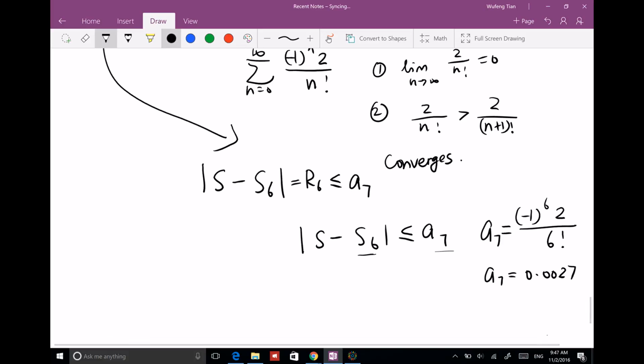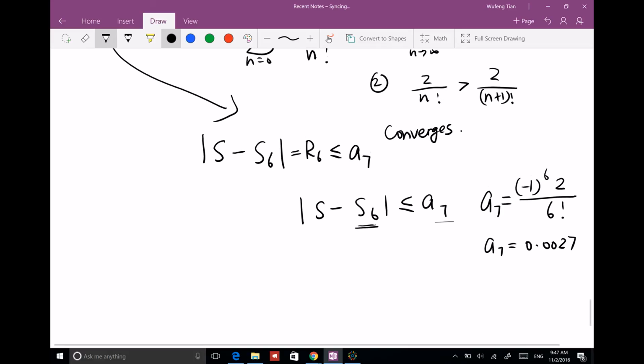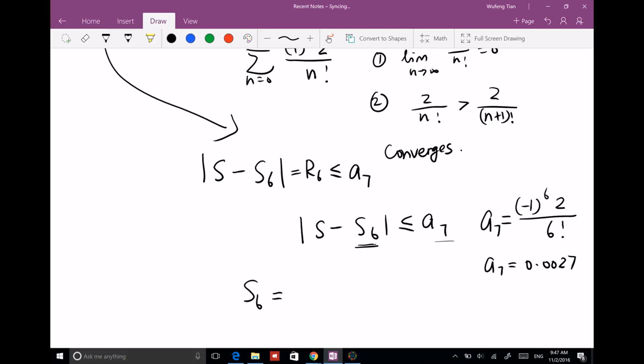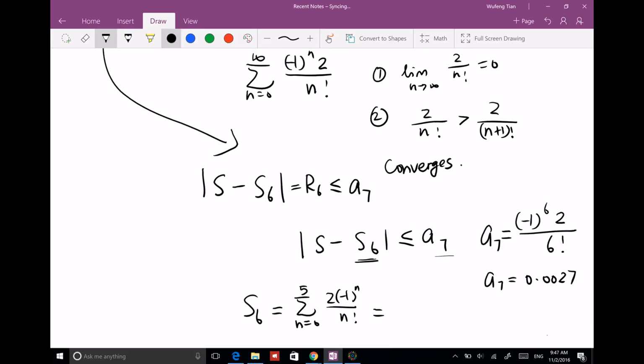Can I find S6? Yes, I can. S6 equals, you just add all the first 6 terms together, the sum for n from 0 to 5 of negative 1 to the power n, times 2 over n factorial. The first term is negative 1 to power 0, times 2 over 0 factorial. Second term, negative 1 to power 1, times 2 over 1 factorial.